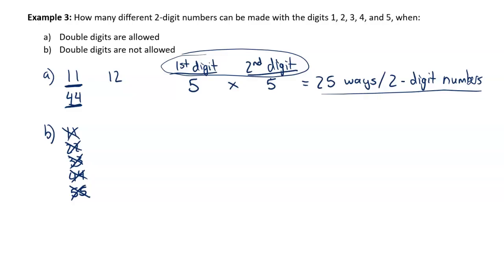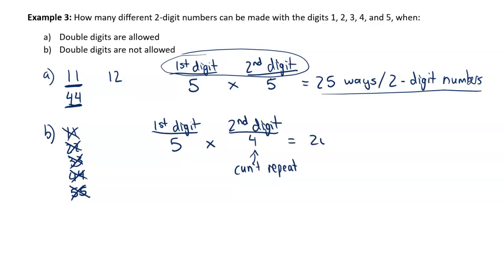The other way to do this, though, which would be a better way to do this, would be to say, okay, for the first digit, we have 5 possibilities. But then for the next digit, we have 1 less possibilities because we cannot repeat. So whatever I have for the first one, I only have 4 to choose from for the second digit. And so in this particular situation, you see that there's 20 2-digit numbers.